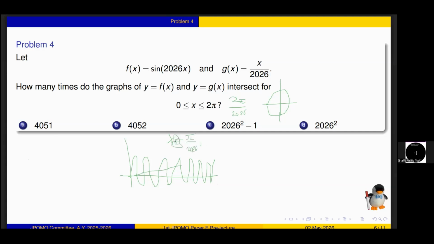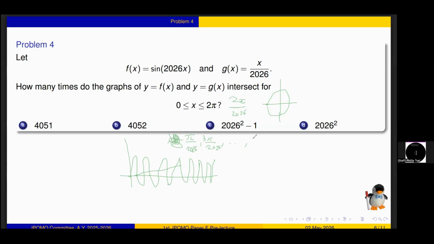It hits it again, the fourth time, at 3 pi over 2026. Similarly we can keep going until the last indicator, for x equal to 1.